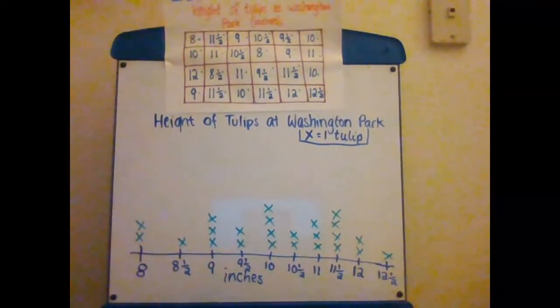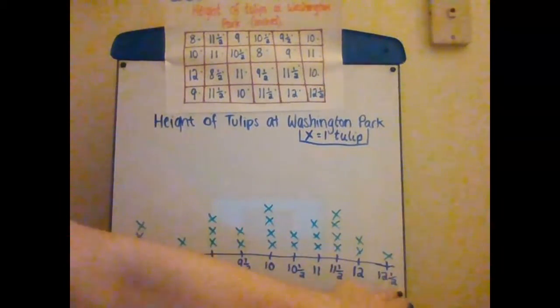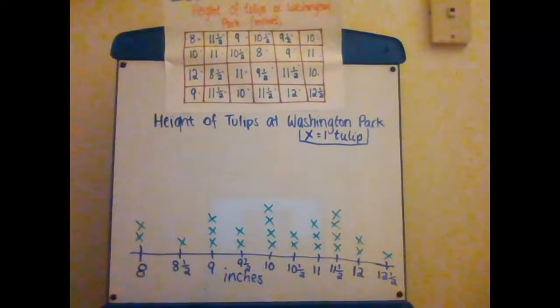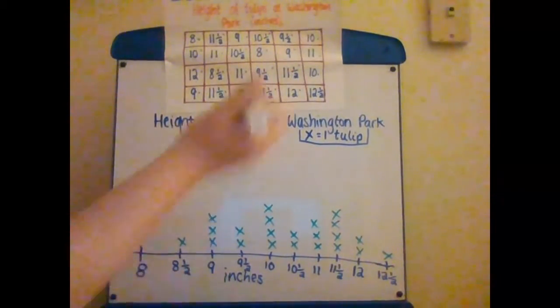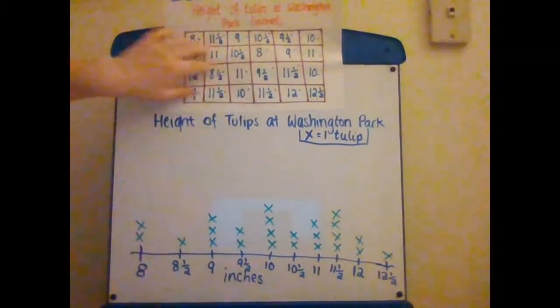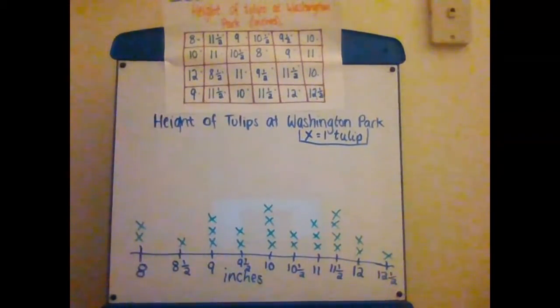I can look here and say the least frequent heights of tulips are 8.5 inches and 12.5 inches. If I'm looking at this data chart here, it's all messy for me to read if I want to compare information.